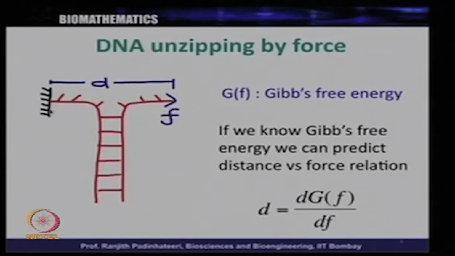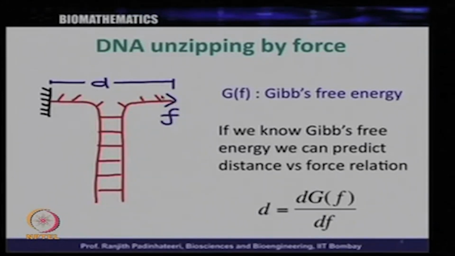This is like a glass plate. So, you can attach one end of the DNA to a glass plate using some chemical; there are different ways by which you can attach an end of a DNA to a glass plate, and you can apply a force at the other end of the DNA, one of the strands, you can hold and apply a force.